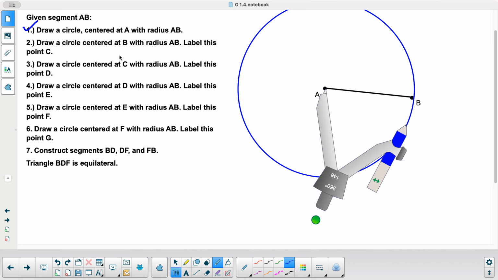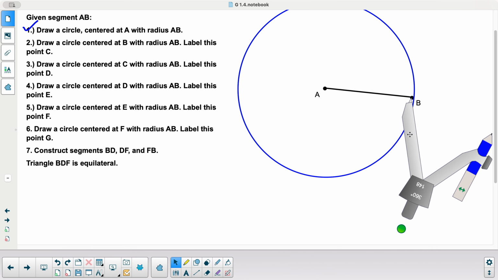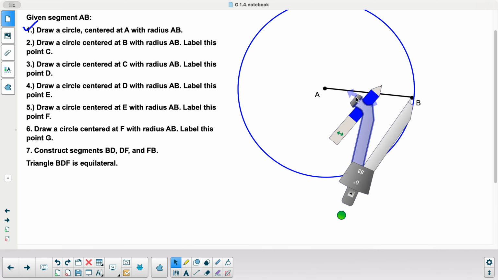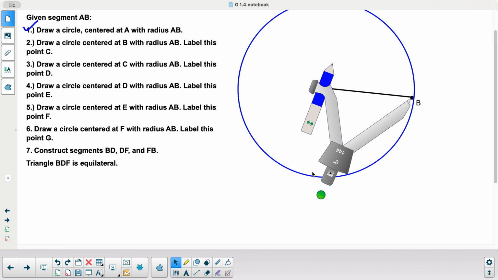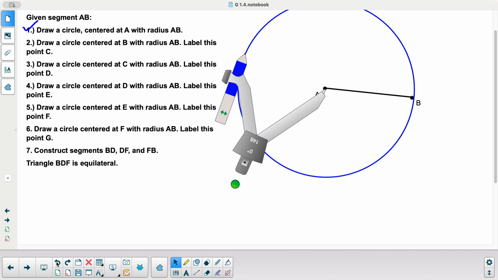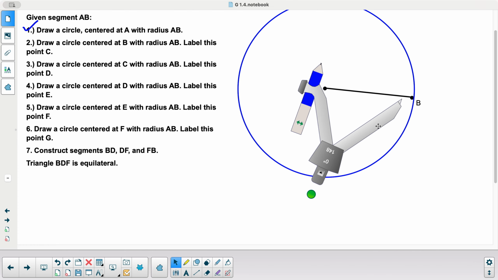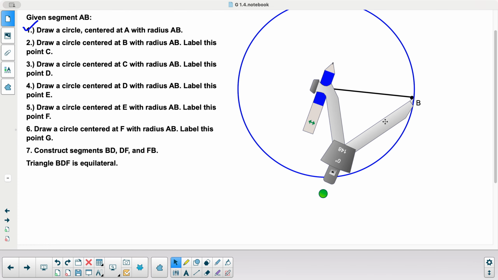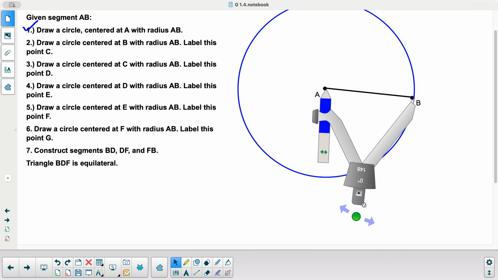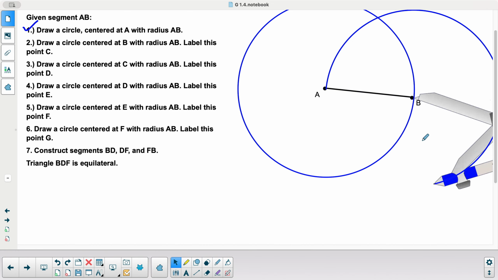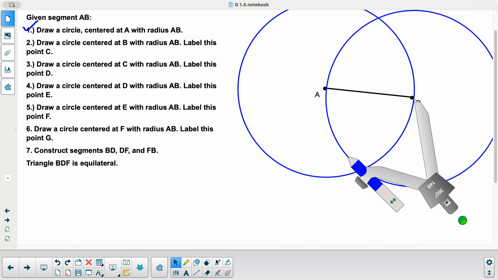Draw a circle centered at B with radius AB. Same radius. Oh, I moved my compass. Now I got to remeasure it. Darn it. Actually, you know what? I could just go back. There we go. Now you can see that it has a radius of AB. All right, there's that. Step two done.